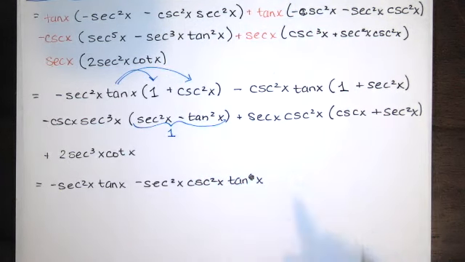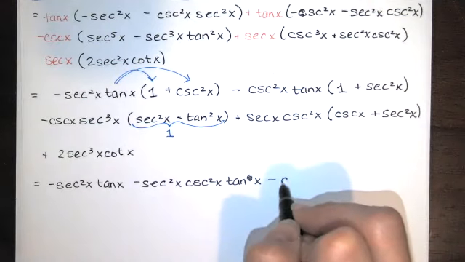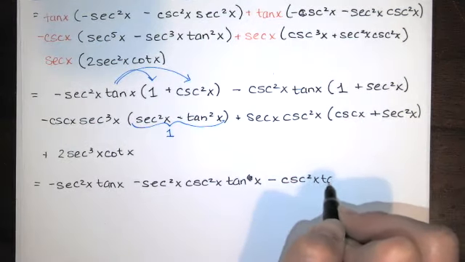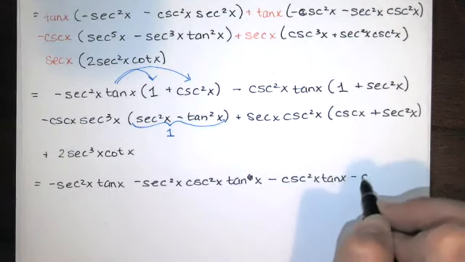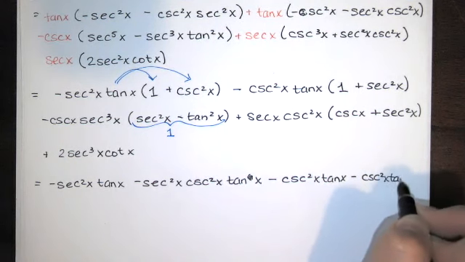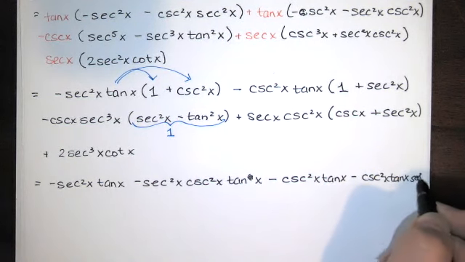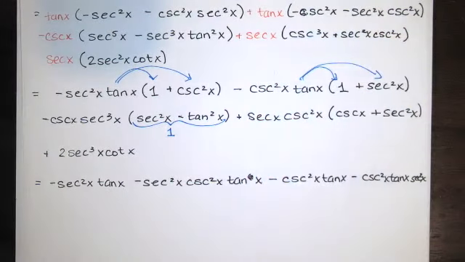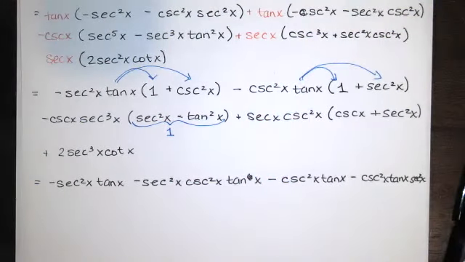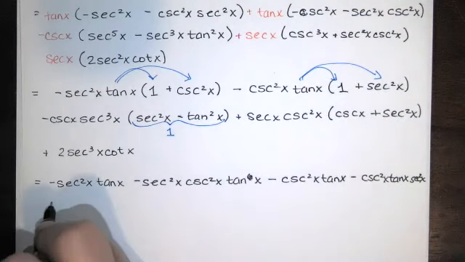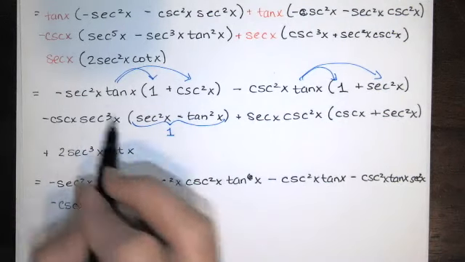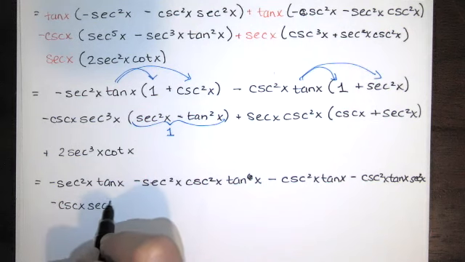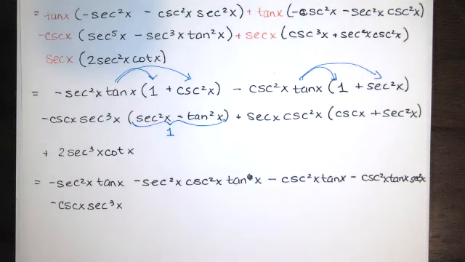Oops, tangent of x. Over here, you've got minus cosecant squared x tangent of x, minus cosecant squared x tangent of x times secant squared x after distribution. Okay, over here, we just have a negative cosecant of x times secant cubed x times 1.